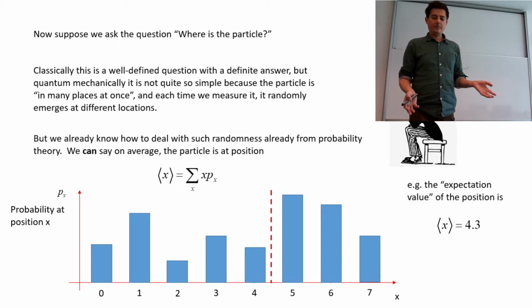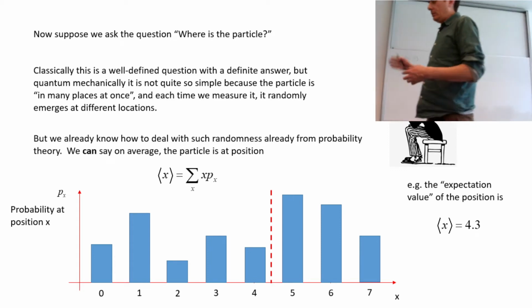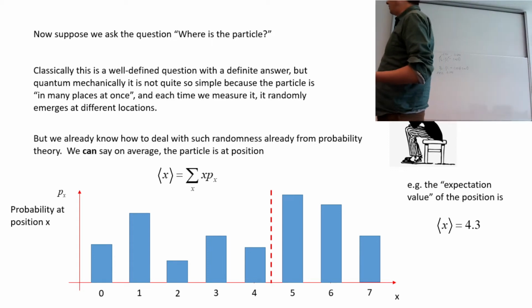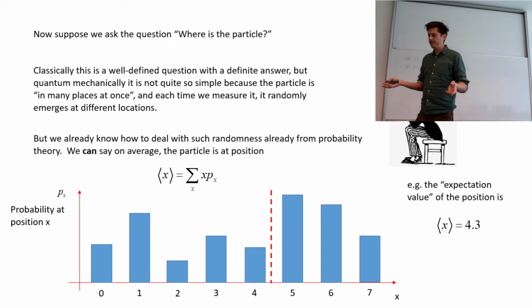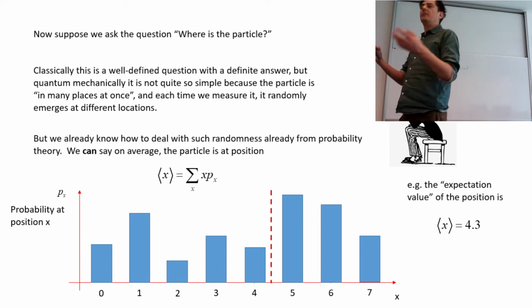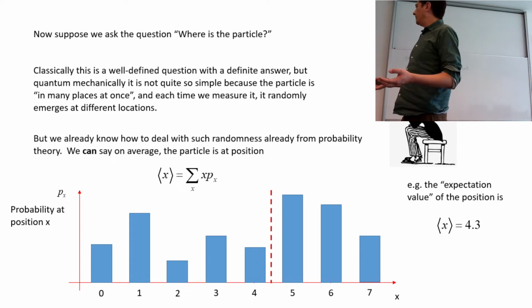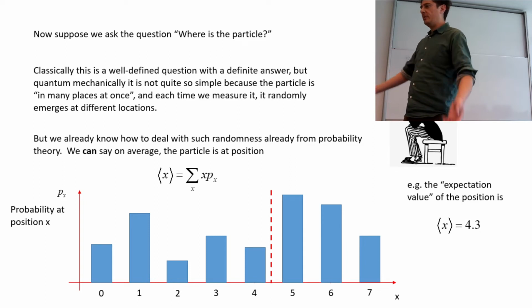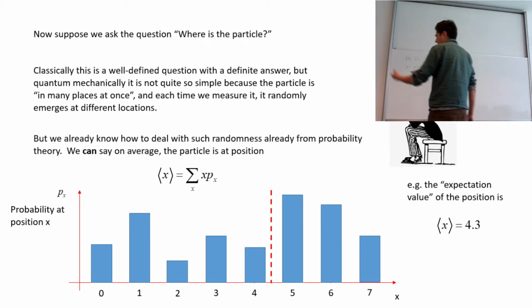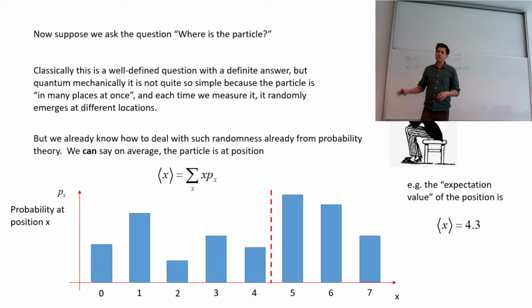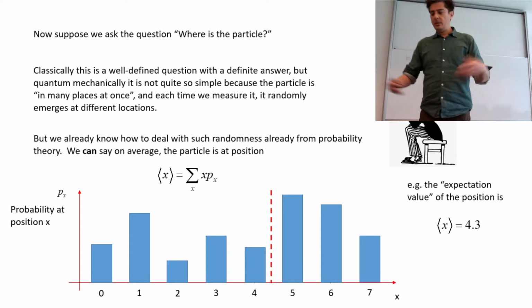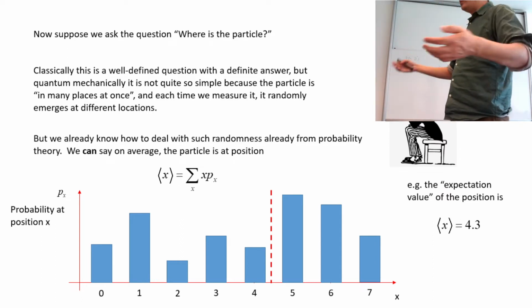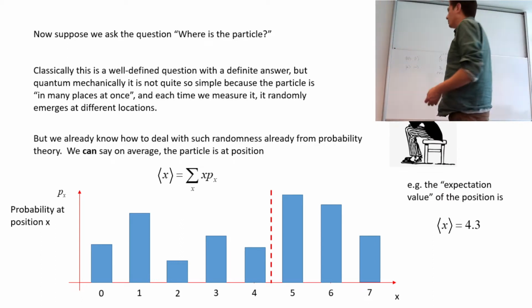So, not just quantum mechanics, but if you just have some kind of random variable, then we know how to calculate averages and variances. We know that it's random, but we can still talk about averages and quantities like that. So this is exactly how we handle this in quantum mechanics too. Because these measurements turn out to be random, it's not really in any one of the boxes, fine.